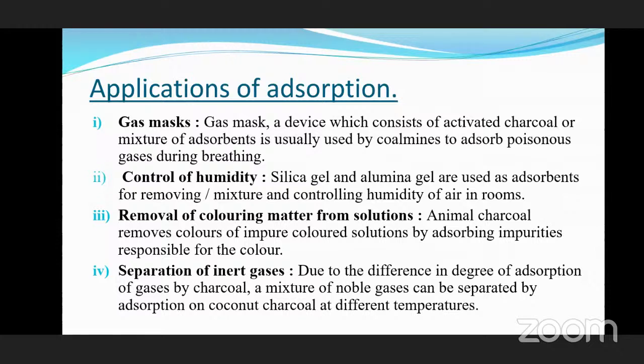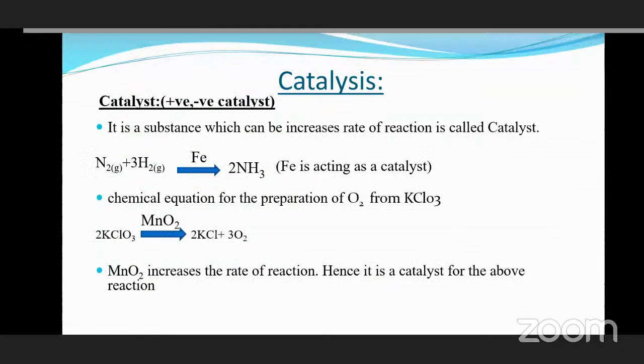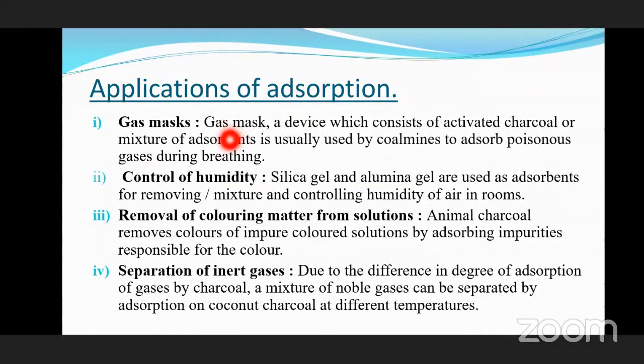Right, then the second point is control of humidity. Here, silica gel and alumina gel are used as adsorbents for removing moisture and controlling the humidity of air in rooms.